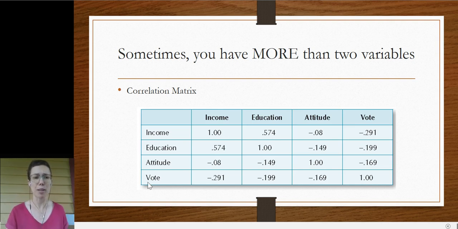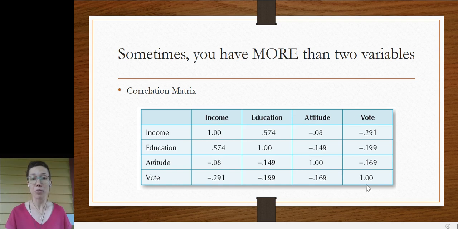Vote and attitude, for example, could have been from some sort of survey where they end up with a likeliness of voting score on a particular range, or attitude about voting, who knows, on a particular range. So this is reflecting all of the different relationships between those four continuous, interval or ratio level variables.